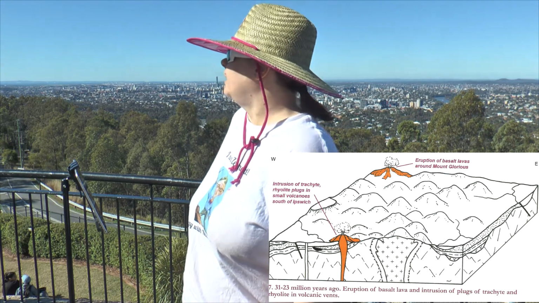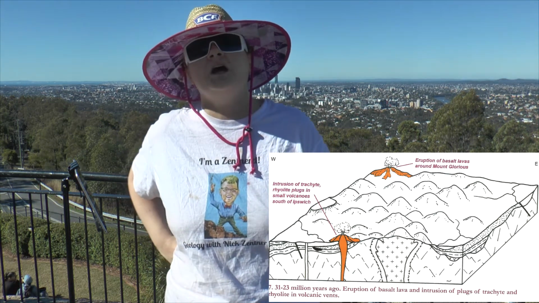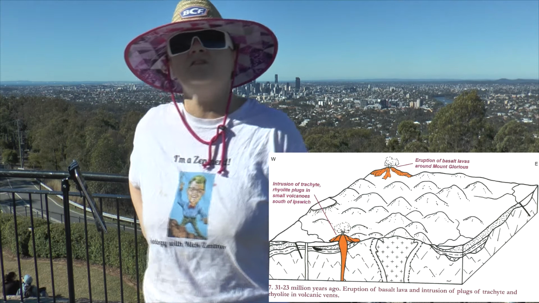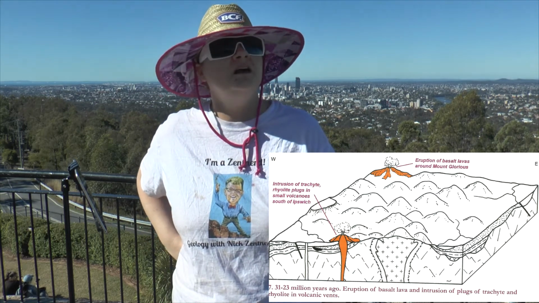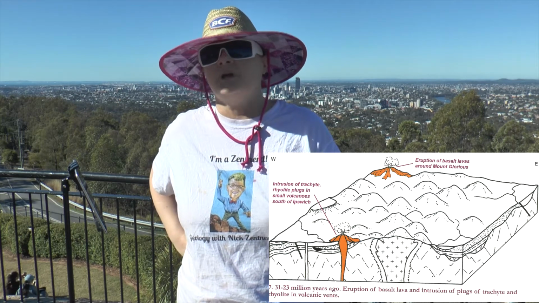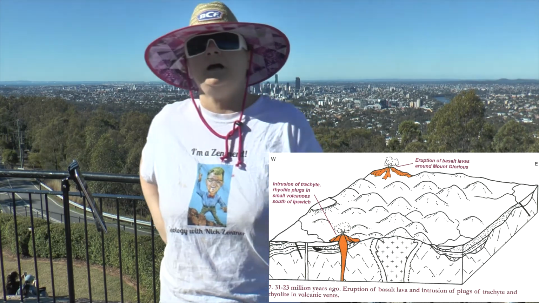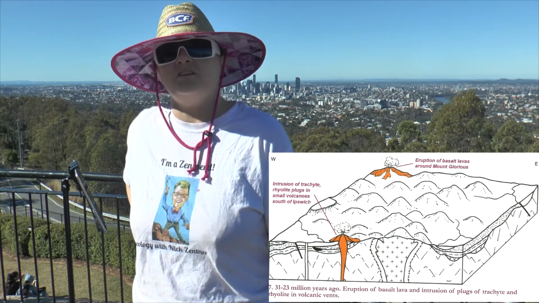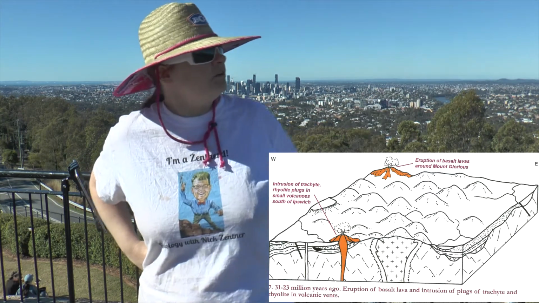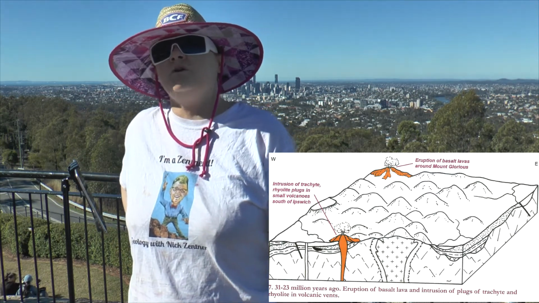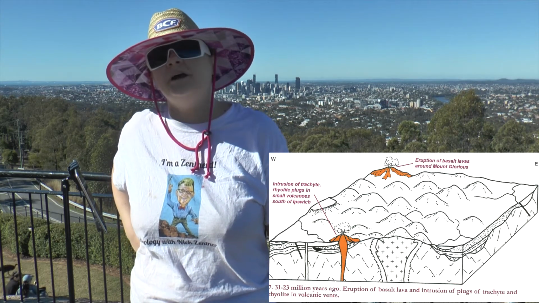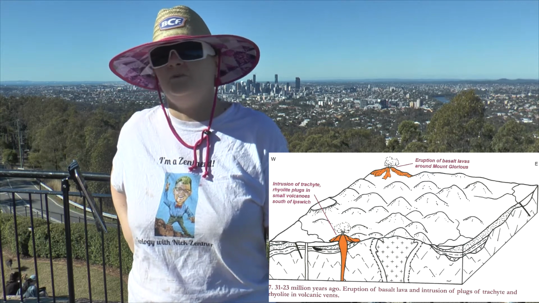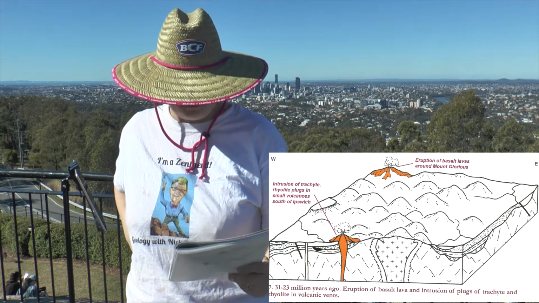So you got your volcanic plugs, the Glasshouse Mountains to the north of us, so Beerburrum, Tibrogargan, Ngungun. They're old vents actually. To the south of us, you've got one of the largest eroded shield volcanoes in the world, Mount Warning, and Mount Tamborine, sort of a vent of that.